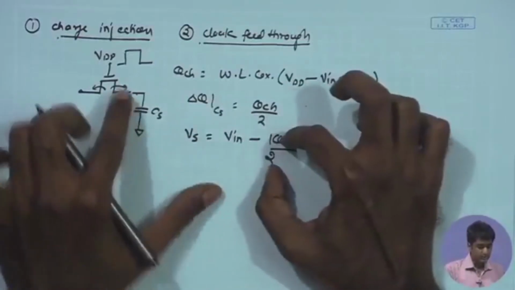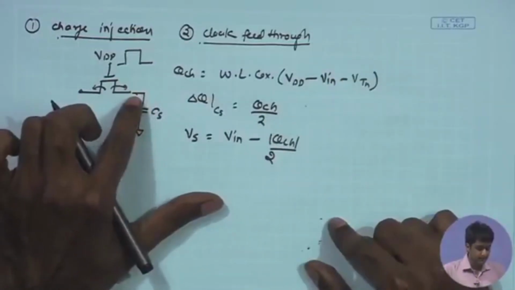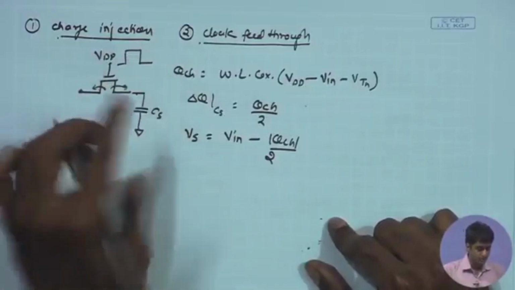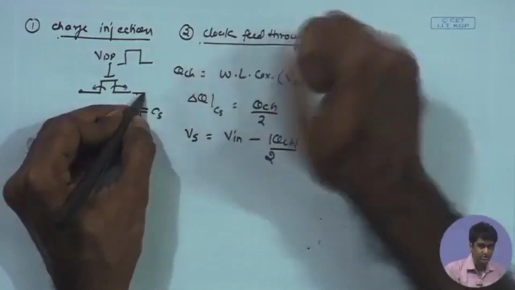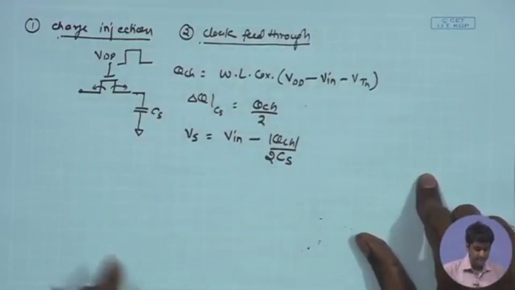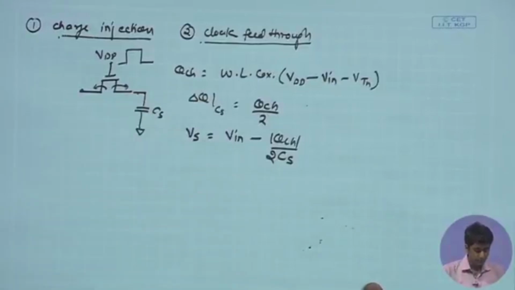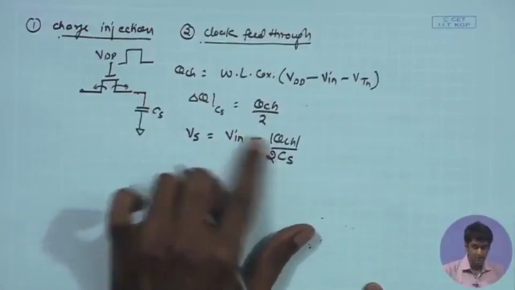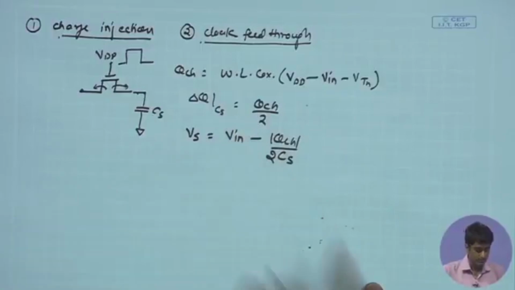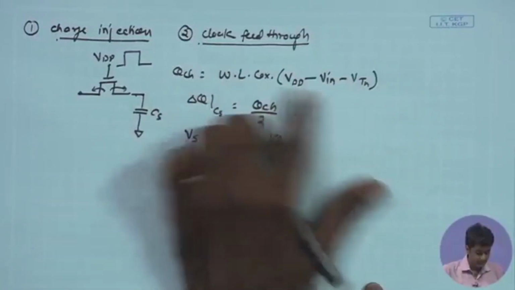Now, this is the delta Q that is injected on the CS. Therefore, what should we expect for the delta V? So, we know that Q equals CV. According to that, the change in voltage over here is delta QCH, or QCH divided by CS. So, this is going to be the voltage. Ideally it should have been just equal to V in, but because of the QCH, it has this particular magnitude, and if I plug this in, I have this as the positive quantity.